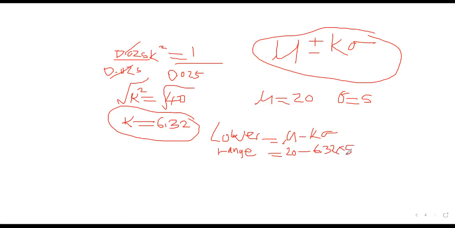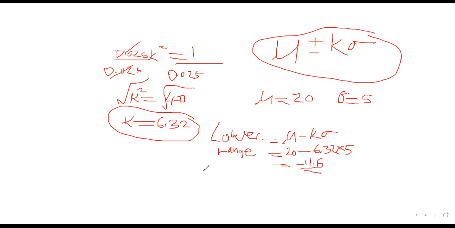Even if it gives us a minus, it doesn't matter. So 20 minus 6.32 times 5, 31.62 minus 20, which is negative 11.62. Okay, that's somewhere here.